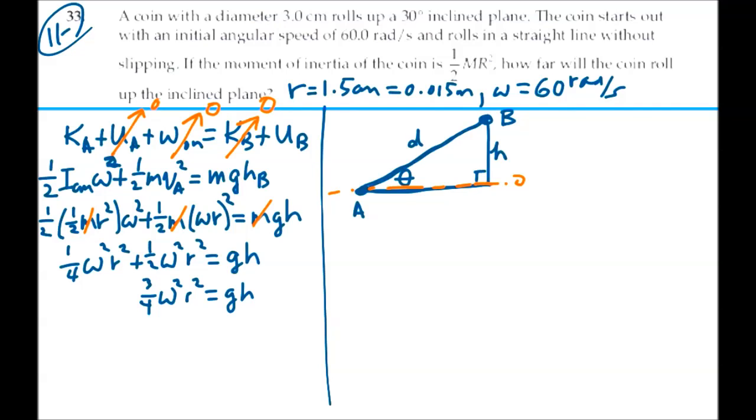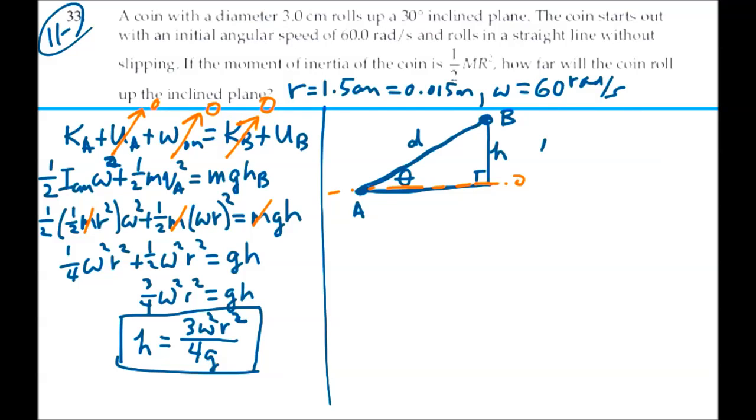Solving for h, we have h is equal to 3 times omega squared r squared divided by 4 times g. So that is the height that we will go up this incline.